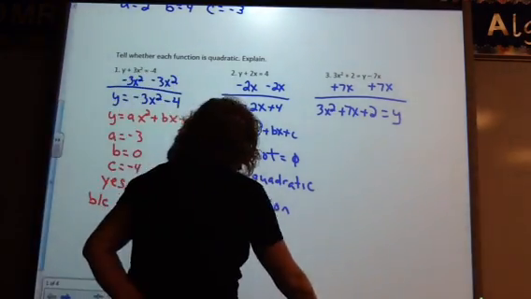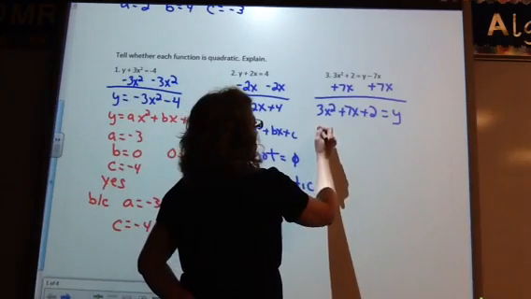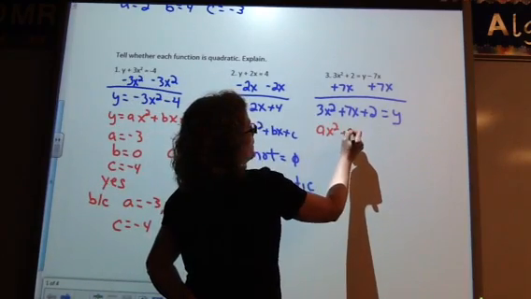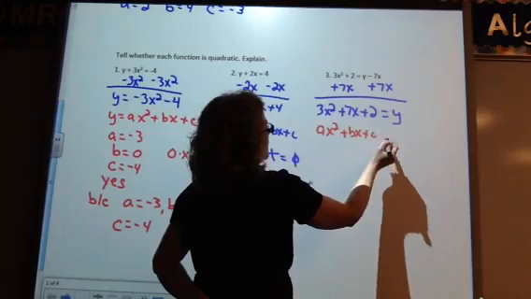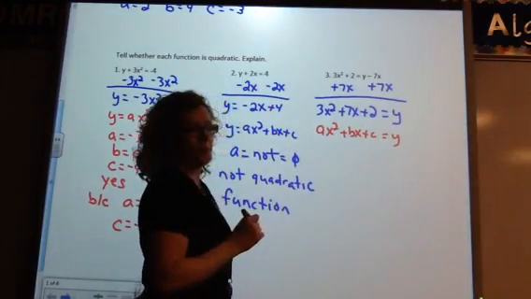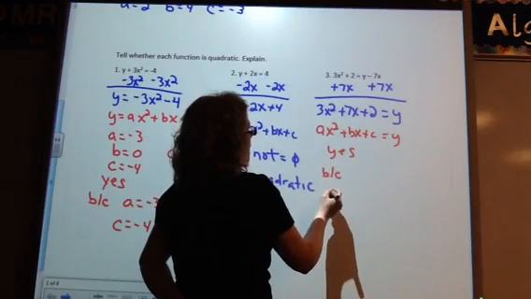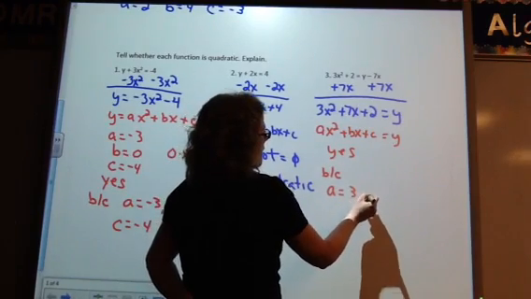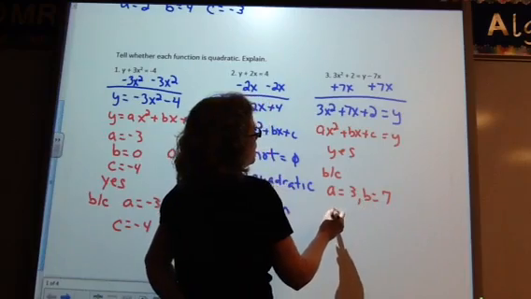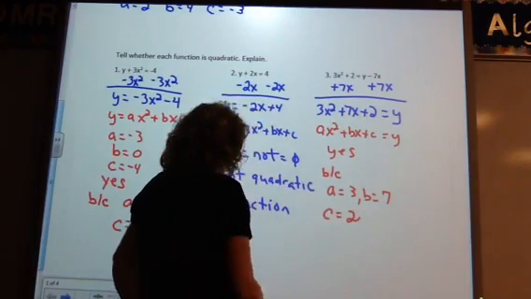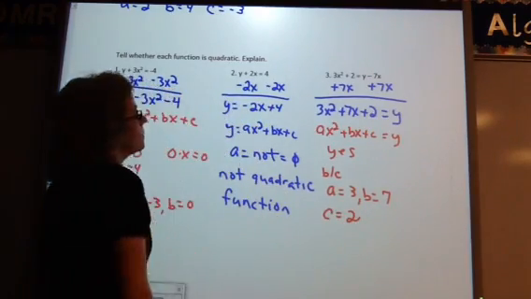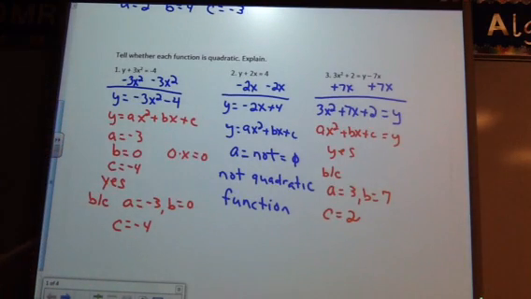Okay, is this in the quadratic function form, where you have ax squared plus bx plus c equal to y? It is. Because a equals 3, b equals 7, and c equals 2. Okay?